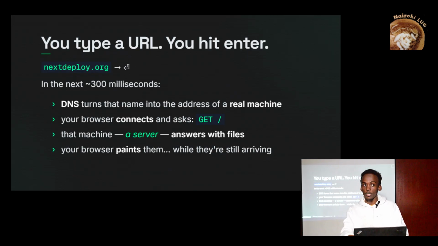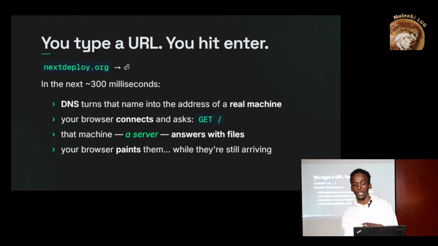The domain name system gives back an IP address, and that is where the browser starts the TCP handshake and all the things that go on under the hood. It sends a GET request and asks for the index HTML. It's usually the first stage of the website.